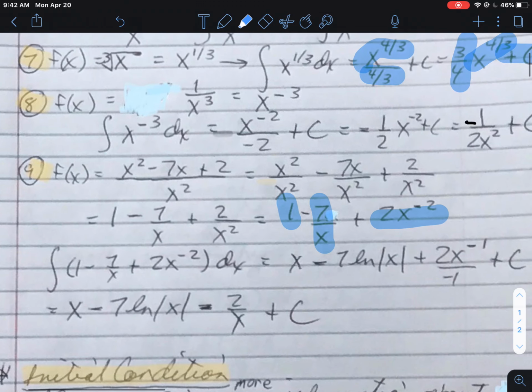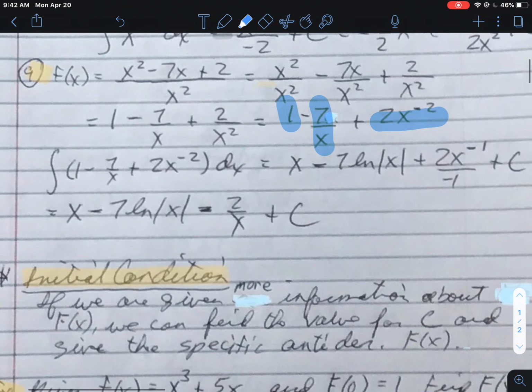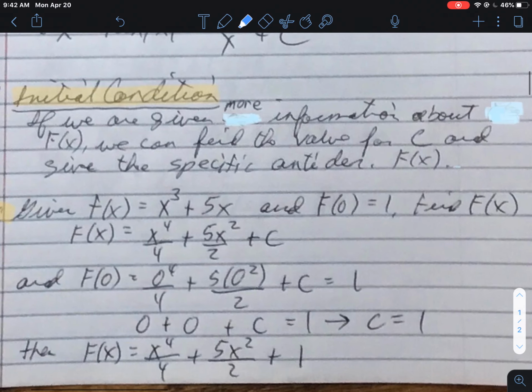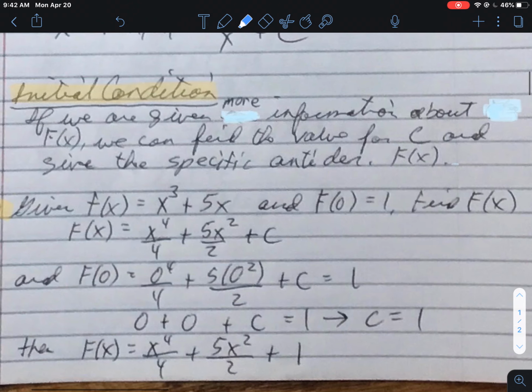Now, all of these are indefinite integrals, right? We always had to tack on that arbitrary constant because you had an infinite number of functions who all had the same derivative. And that's because the derivative of the constant is 0. So regardless of what that constant was, when you differentiate the constant, the derivative is 0 and it's gone.